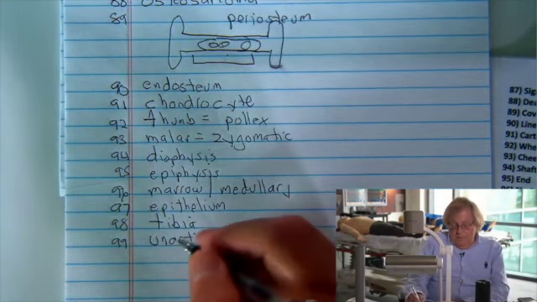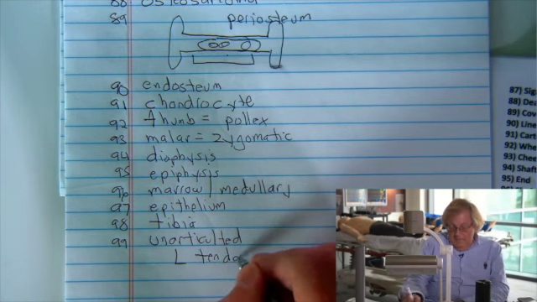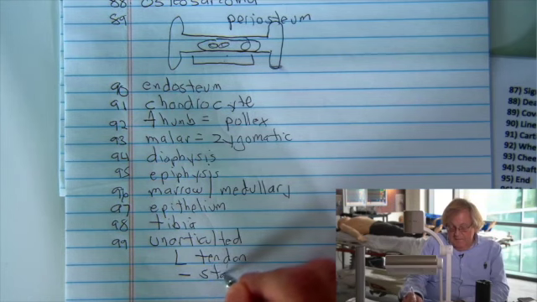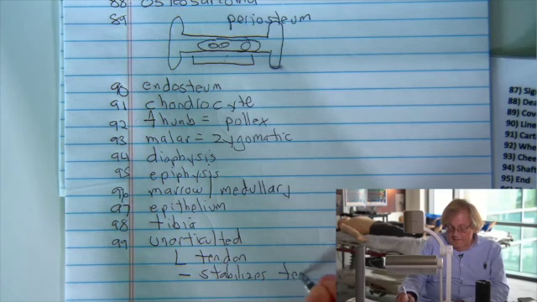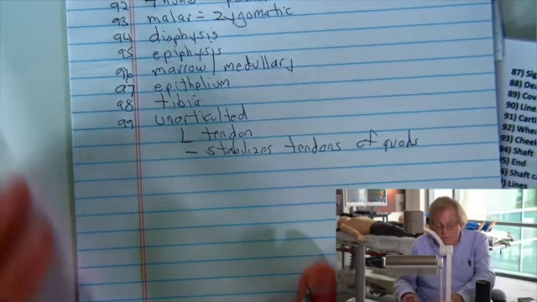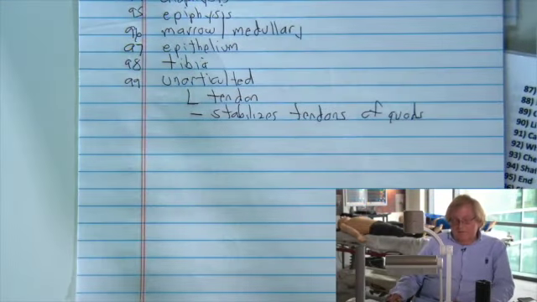The importance is it's called a tendon bone, and that's because it stabilizes the tendons of the quads. As we go into muscle, we're going to start learning about the quads, and the quads comprise the rectus femoris and then the vastus lateralis, medialis, intermedius.